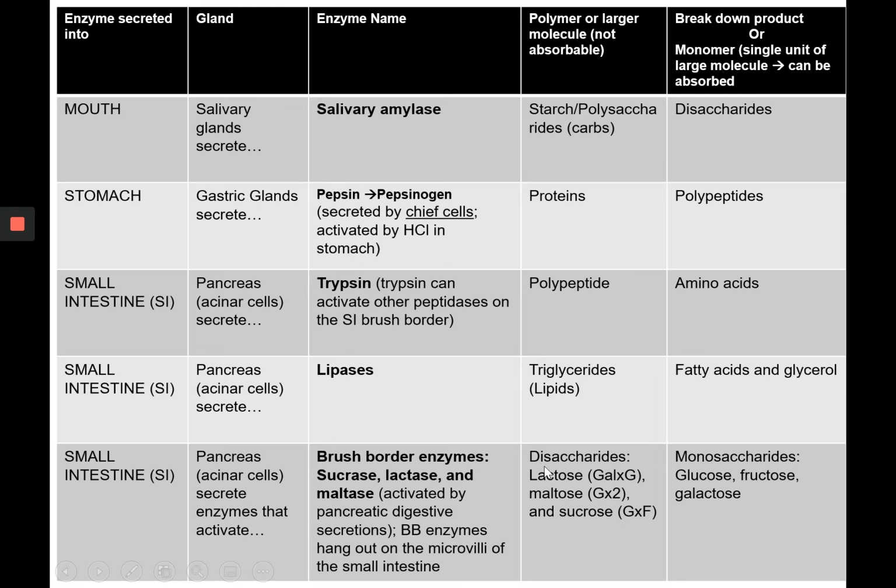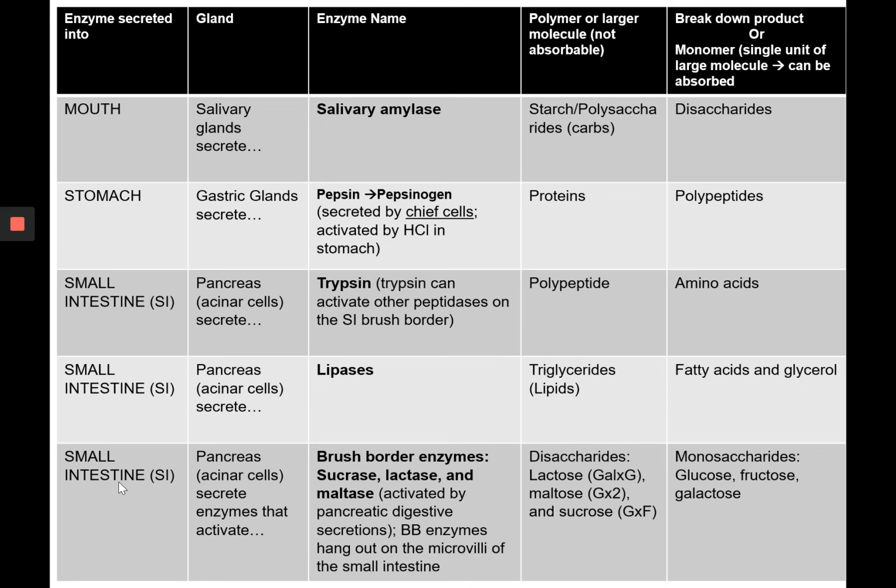Those disaccharides will then be broken down into monosaccharides. Breaking disaccharides down into monosaccharides requires the brush border enzymes sucrase, lactase, and maltase, and those come from or are activated by the pancreas, and they are going to be secreted into the small intestine.